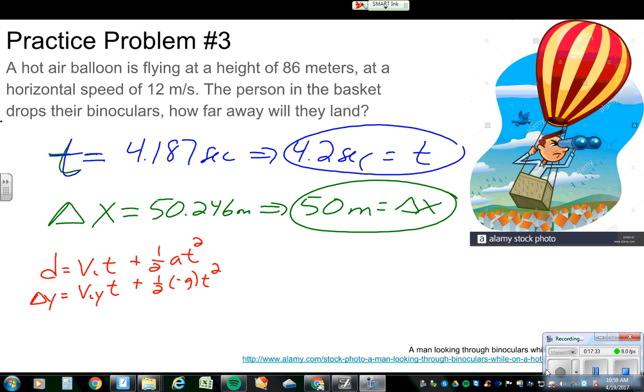But v_iy is 0, so that goes away, so I'm left with this. Change in y is 1/2 times negative g t squared. Solving for time, I get time is the square root of 2 times change in y over negative g. And that got me 4.2 seconds.